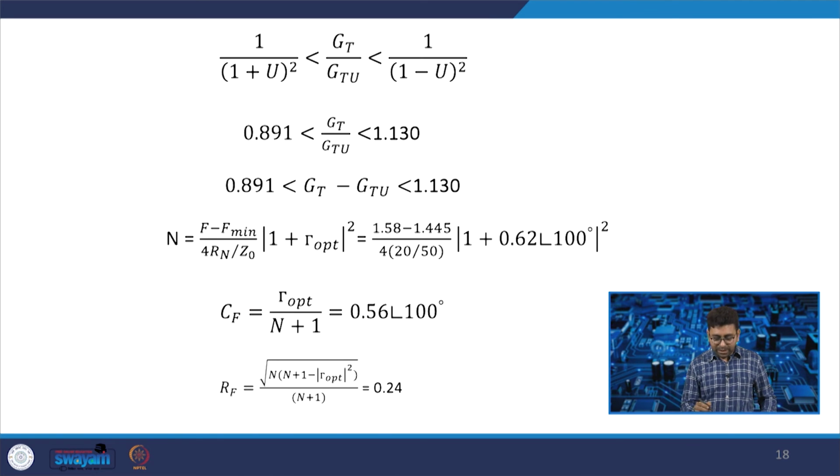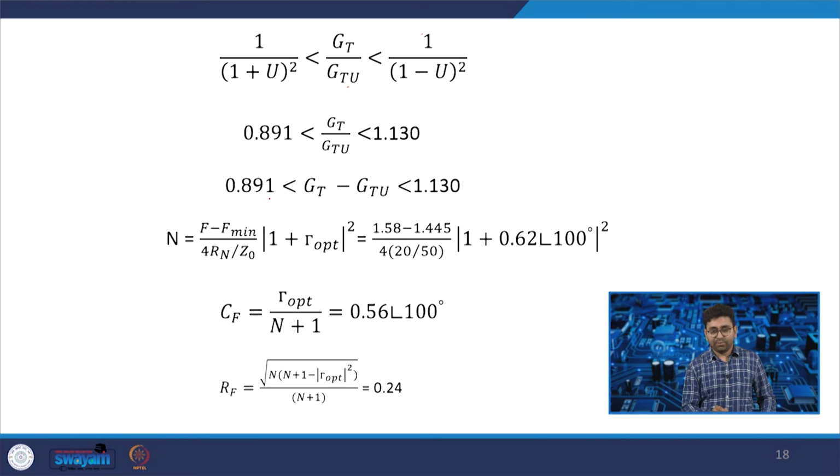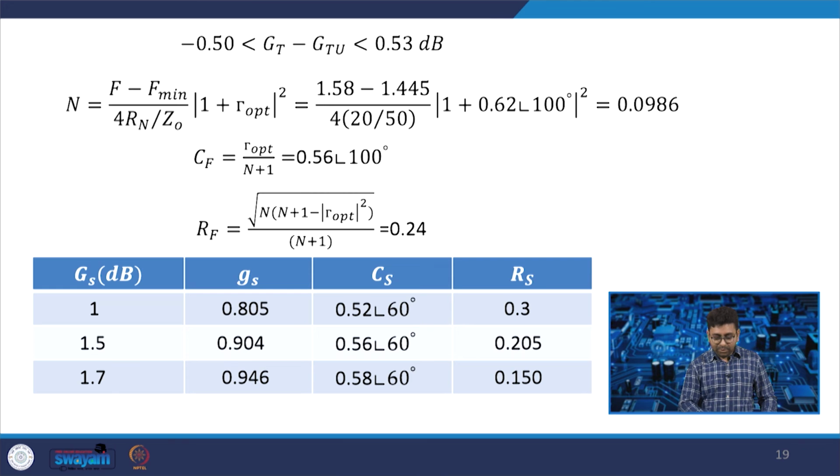Now we need to find the figure of merit, that is 1 by (1 plus U) squared less than GT by GTU less than 1 by (1 minus U) whole squared. So if you use the same equation, it will come as 0.891 less than GT by GTU less than 1.13. If you convert into dB, it will be around minus 0.5 to 0.5 dB.